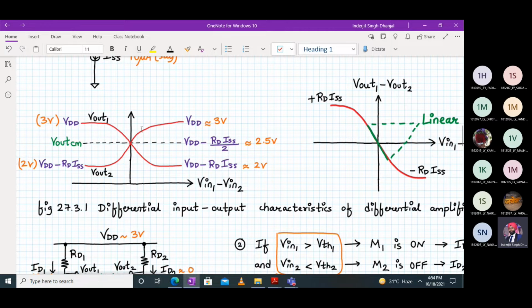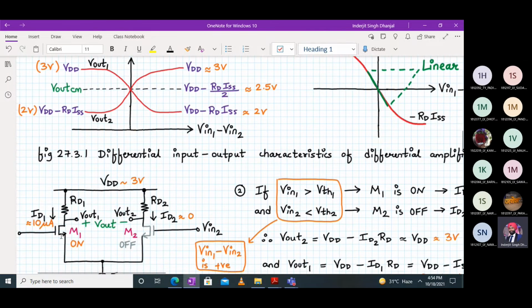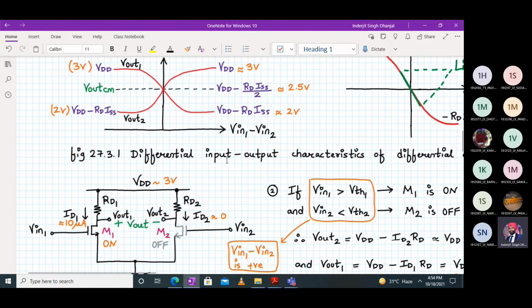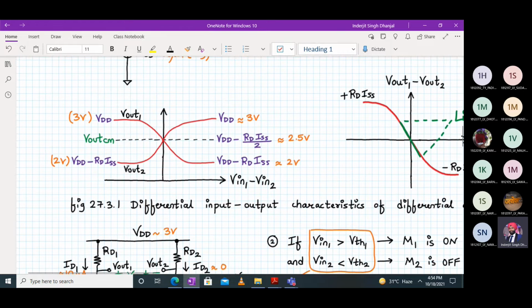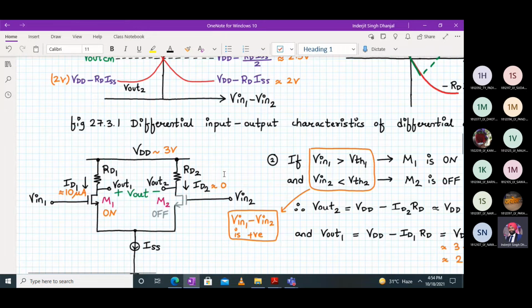This straight line will be there for a very limited range of V in 1 minus V in 2. It says that whenever my difference between V in 1 and V in 2 is minimum, I can have a linear differential amplifier. If I have too much difference between V in 1 and V in 2, only one transistor will be operating and my other transistor will be off.